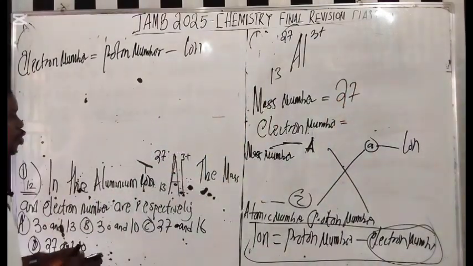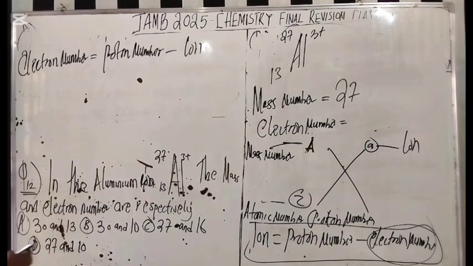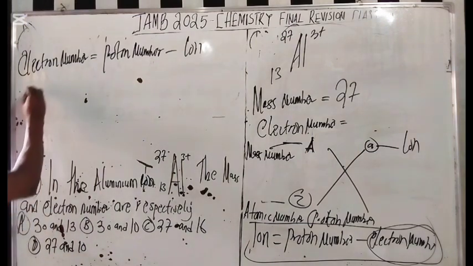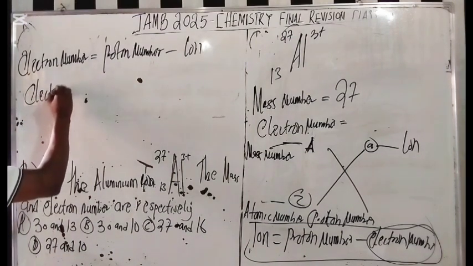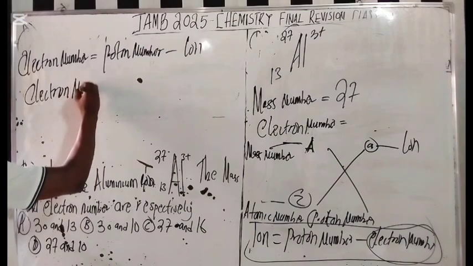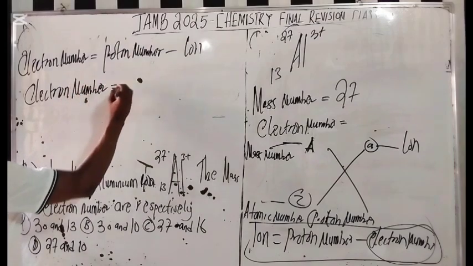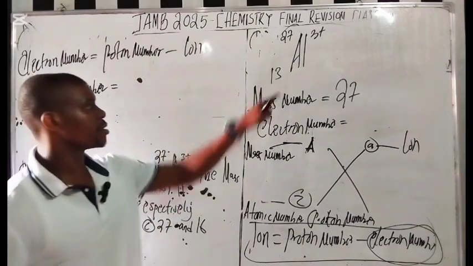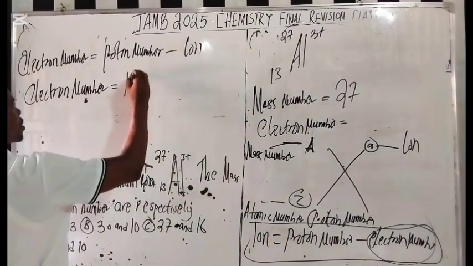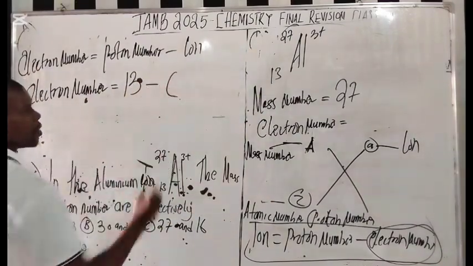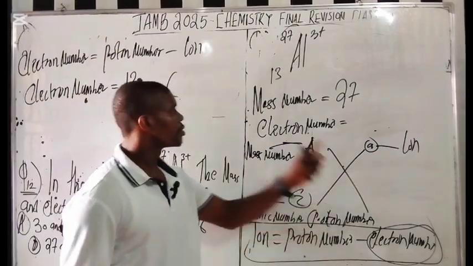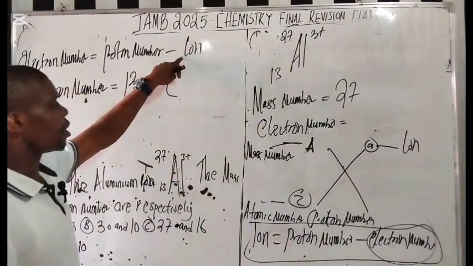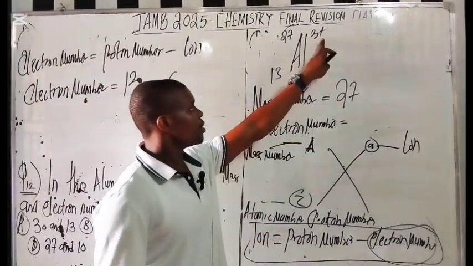Now let's get our electron number. How do we get our electron number? Electron number is equal to my proton number. What's my proton number here? 13. Minus, where's my ion? My ion is plus 3.